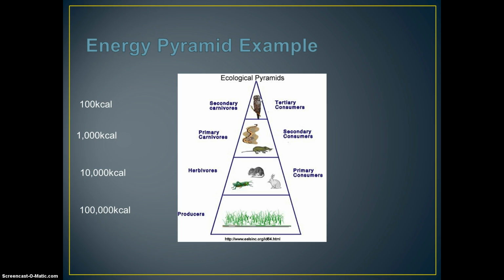We do get an enormous amount of energy from our secondary consumer level when we eat protein, fish and poultry and red meat, but it takes not only the energy here, but also all of the energy from these plants to make those organisms.